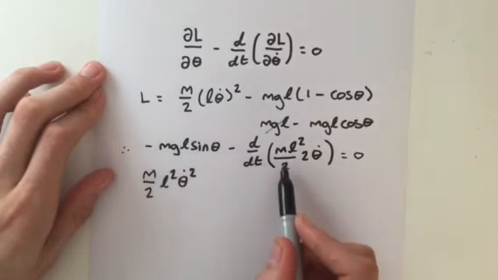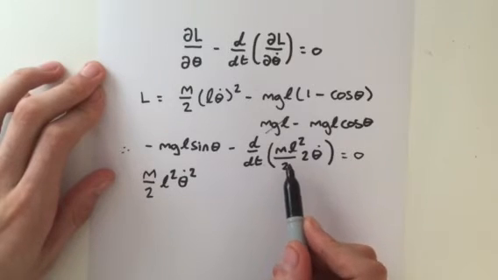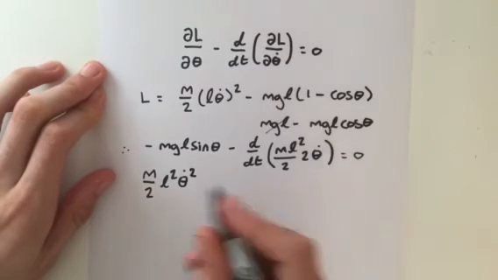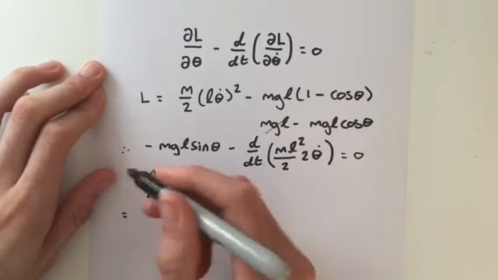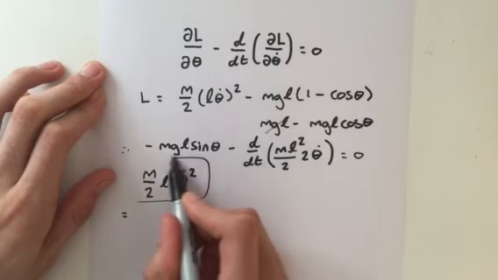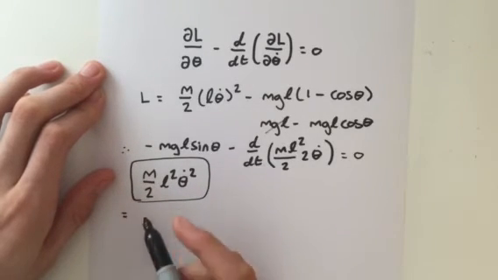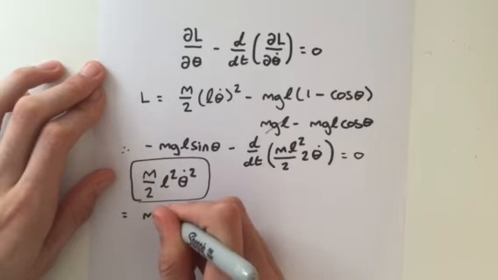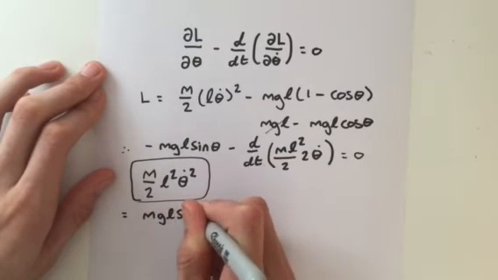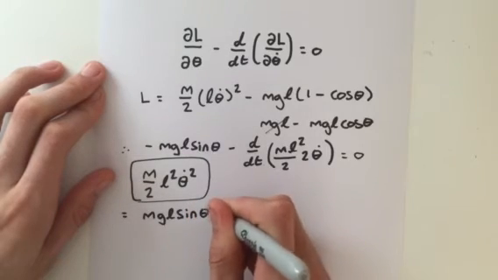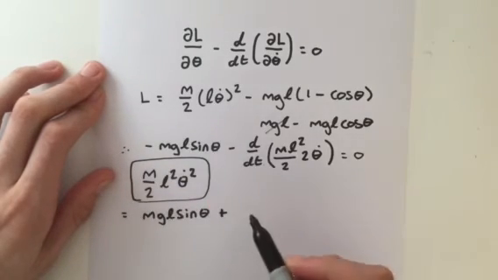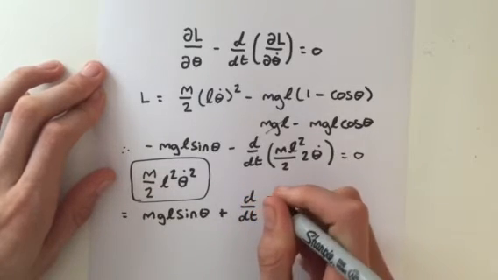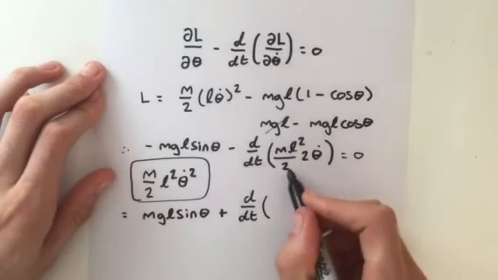Okay? So, I think we can do something better than that. We need to find the rate of change of that first. So, this, that's separate. So this is going to equal mgl sine theta plus, we're just switching the negatives and negatives to make a plus, the rate of change of, so the 2's cancel, yeah?